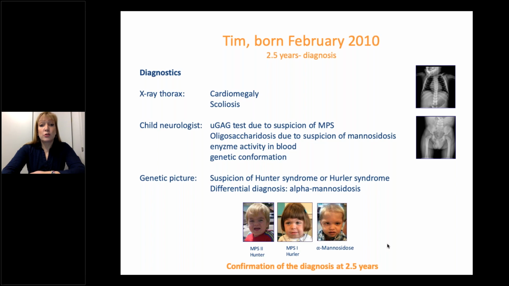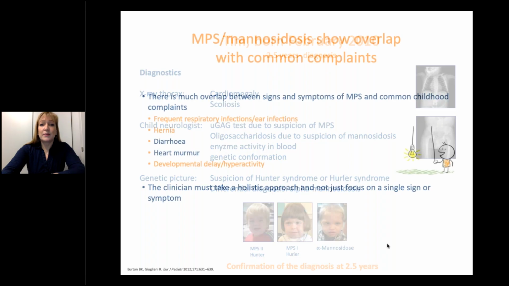She started to make some tests, some urine tests, I will explain later, to get an impression whether this could be an MPS or mannosidosis. She made some enzyme activity testing in blood because MPS and mannosidosis are diseases with a deficiency of a lysosomal enzyme, and also a genetic confirmation of the disease.